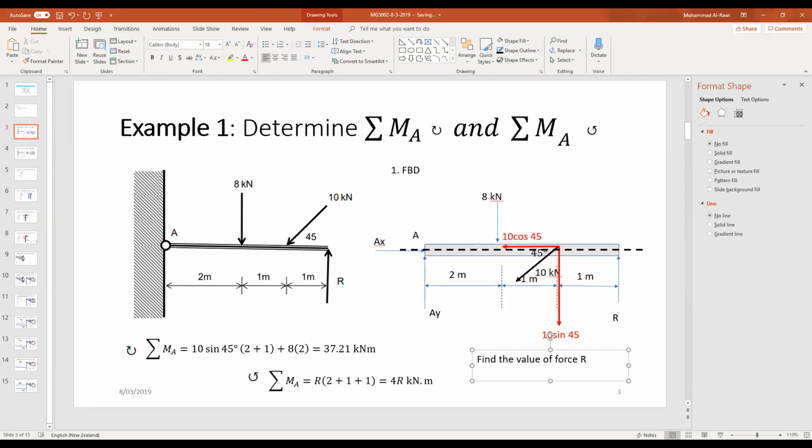Now, of course, that's 4R equals 37.21, and if that's divided, it will lead you to R equals 37.21 divided by 4. And the answer is, sorry, 9.3 kilonewtons.